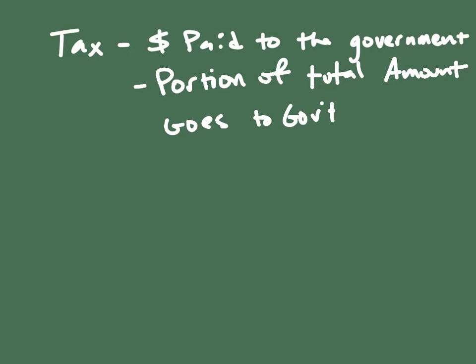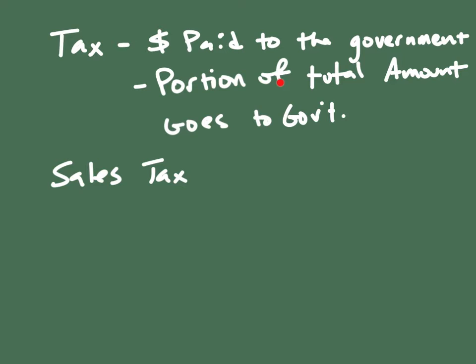And so that's a whole different conversation of the types of taxes, personal income tax, state taxes, federal taxes, all these little things. People get whole college degrees on taxes, all right? But what we're concerned about in this case is going to be sales tax. And so that is the portion of the total amount that goes to a government.